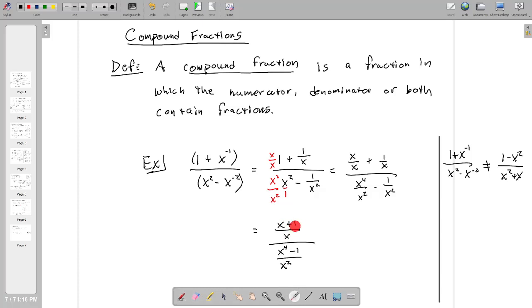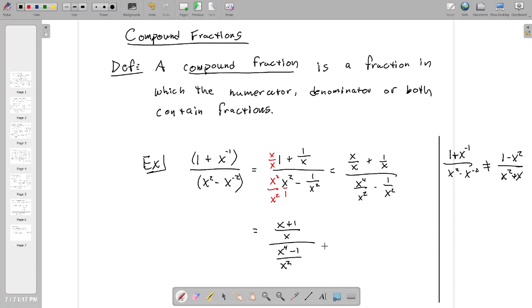Now we have a fraction, a rational expression, divided by another rational expression. So remember how we resolve that. When we resolve a rational expression divided by another rational expression, we take the reciprocal of the denominator and we multiply.